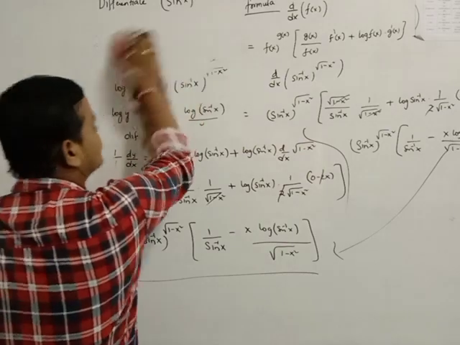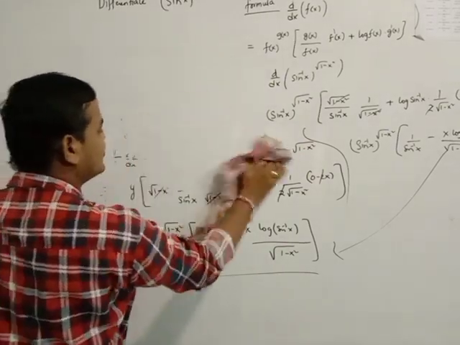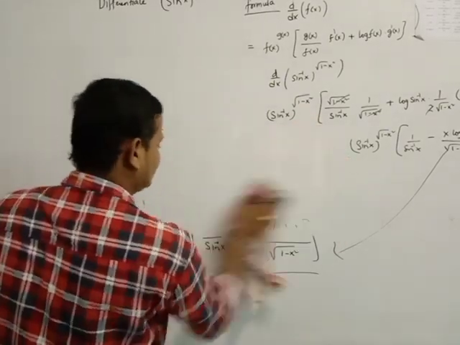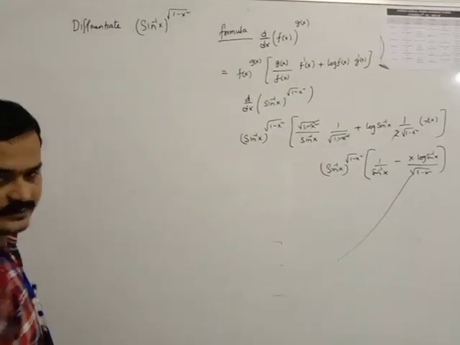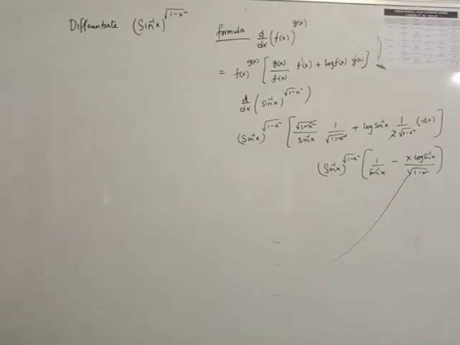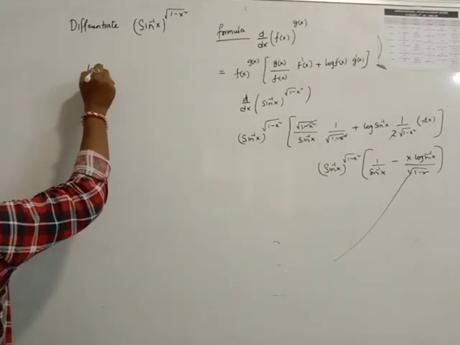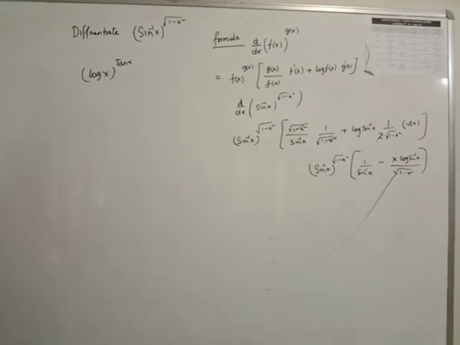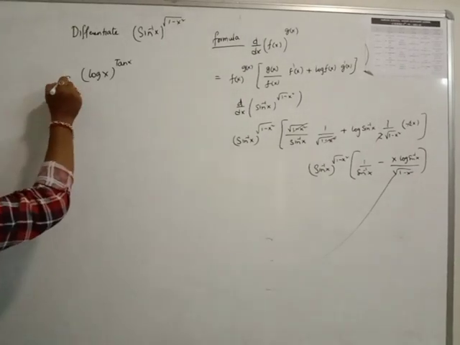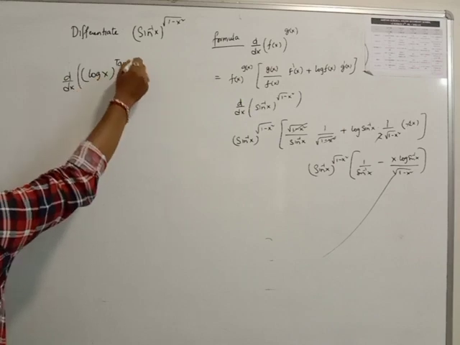See, another problem I will explain using the formula. Say, I can write log x to the power of tan x. I can write the answer directly. Just see, I need the value of d by dx of log x to the power of tan x.